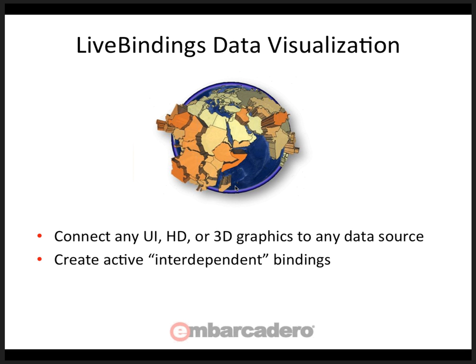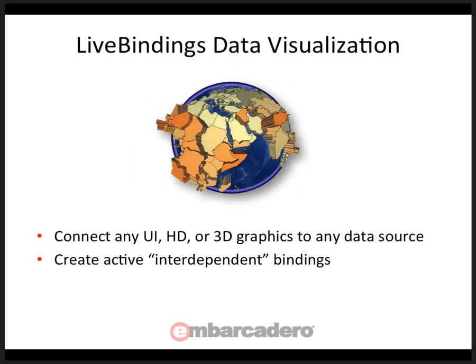And using live bindings, it's actually really simple. I basically would have a 3D control that is an arc path surrounding that country. I would take that population data out of my database and map that to the height property of that extruded path.